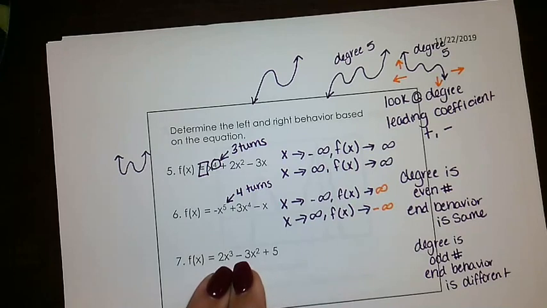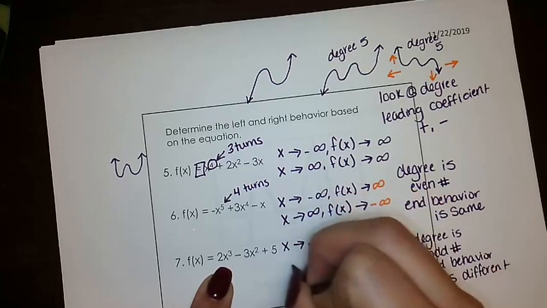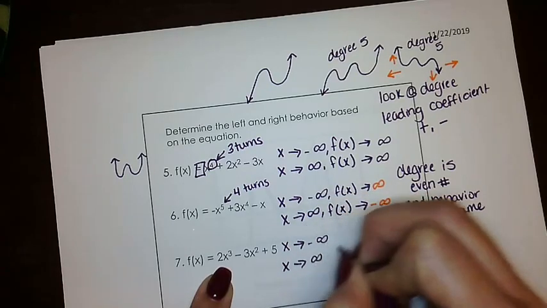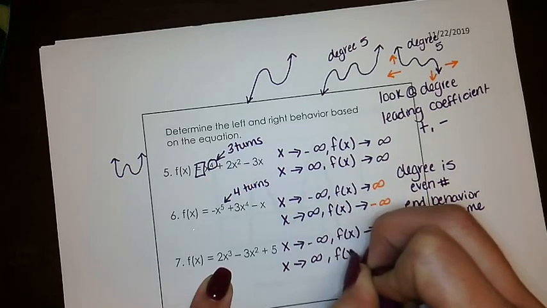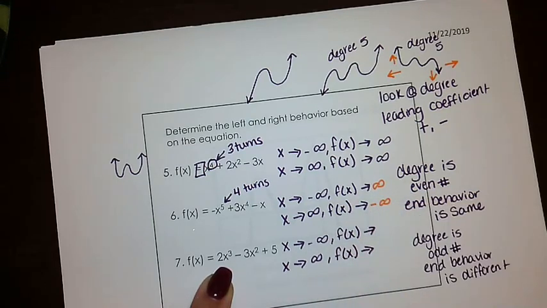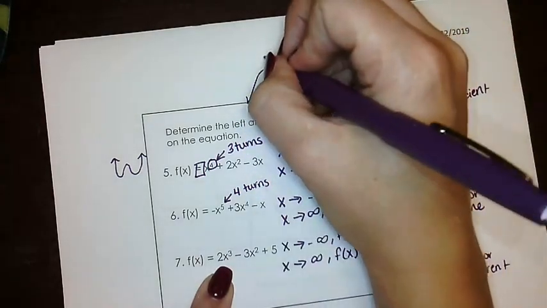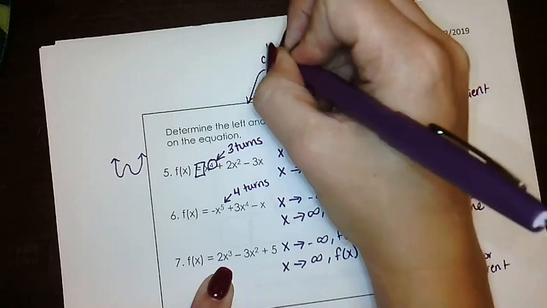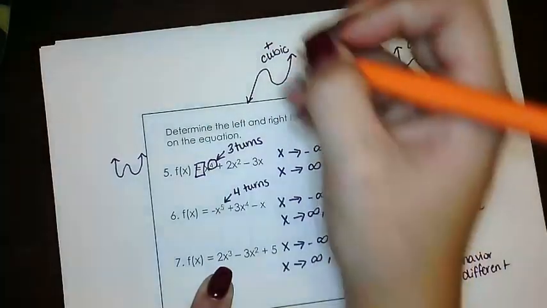If I look here, I have a cubic. My setup is the same. And so I have 2 terms. So this is my positive cubic. It's positive, so it's going to start negative.